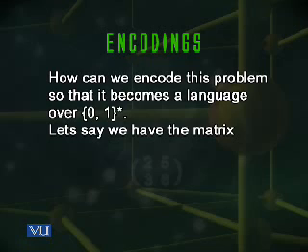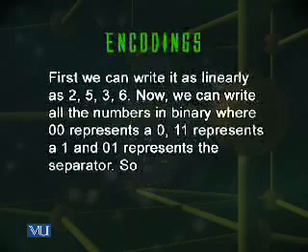Let's say we have the matrix where the first row is 2, 5, and the second row is 3, 6. What we can do is first write this matrix linearly, which is also called row major order. So I can represent this matrix as 2, 5, 3, 6.